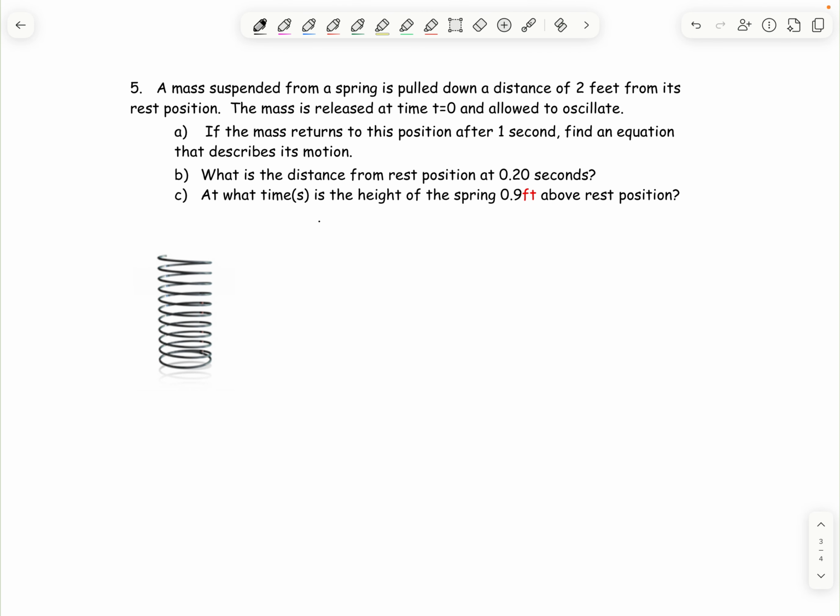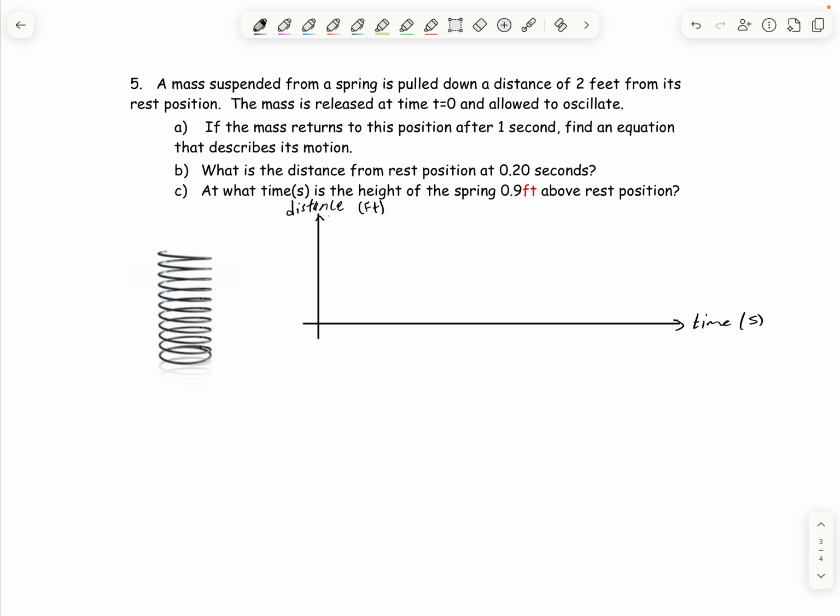Okay, so let's draw a sketch of our graph just to visualize it better. Here on the x-axis, I have time in seconds, and in the vertical, for the y-axis, I'm going to have distance in feet, FT. So part A asks for an equation that describes its motion if the mass returns to its position after 1 second.